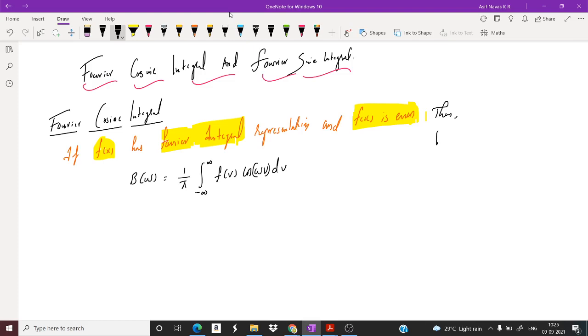What is an even function? When we say that a function is even, anybody?